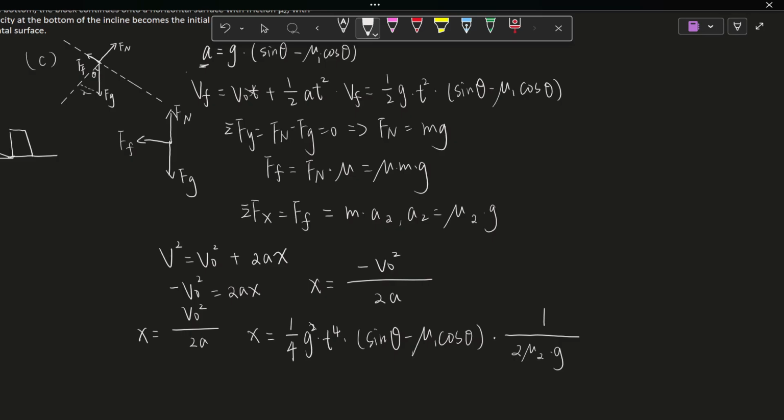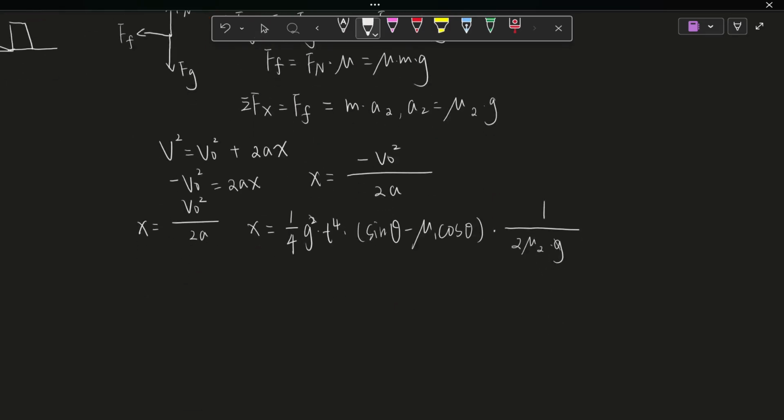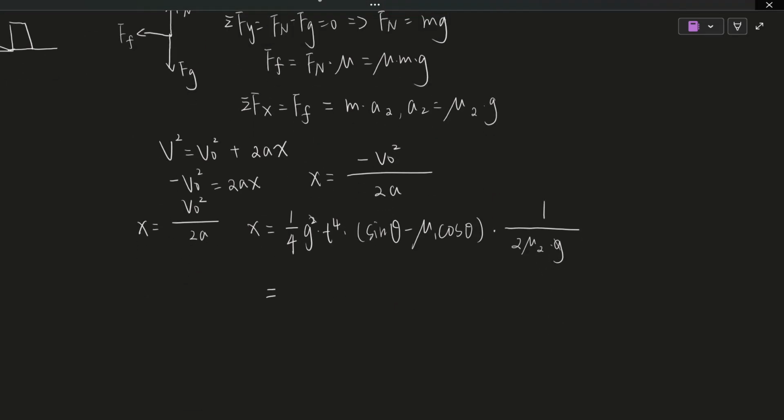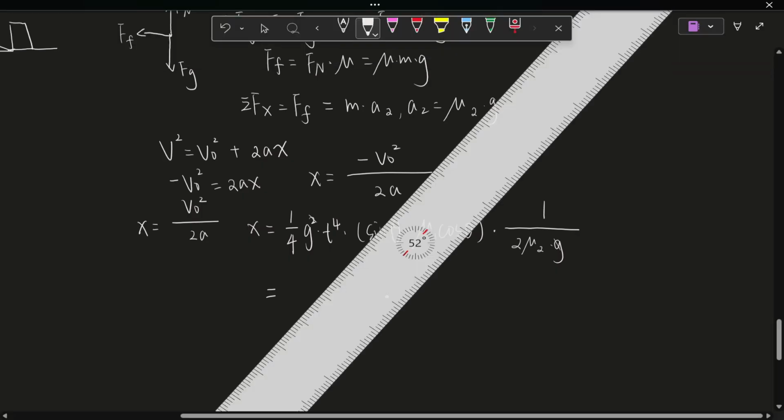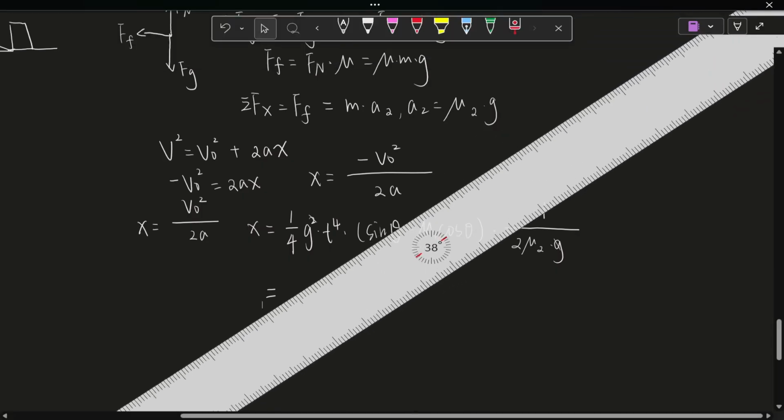We can cancel out one of the g. So the final answer will be, I need a ruler to draw the fraction line because it looks better. This is definitely a lot of fraction line.